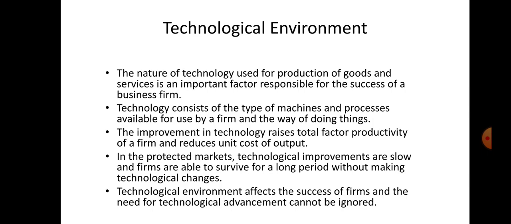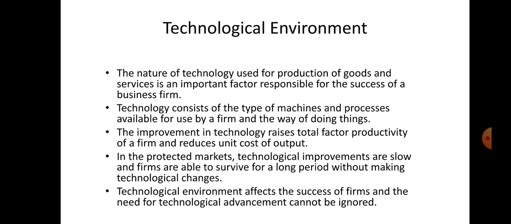And the last factor in macro environment, in external environment, is the technological environment. The nature of technology used for production of goods and services is an important factor responsible for the success of a business firm. Technology consists of the type of machines and processes available for use by a firm and the way of doing things.